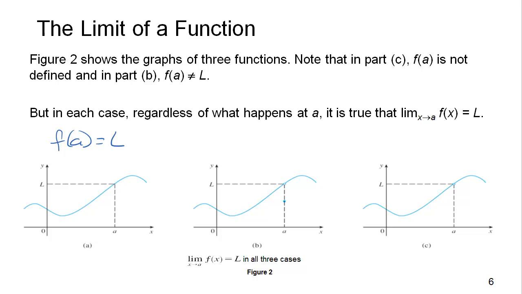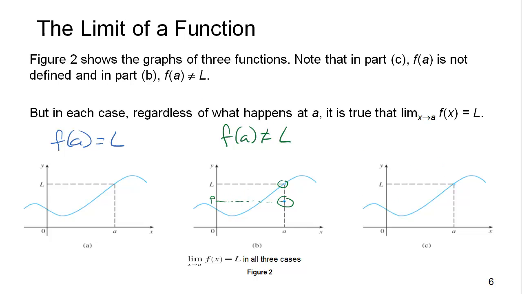However, if you look at the one in the middle, f of a also exists, but it doesn't equal L. It equals something else. It's hard to see, but there's a dot right here, and this is an open circle. So f of a equals, we'll call it p, some different height.